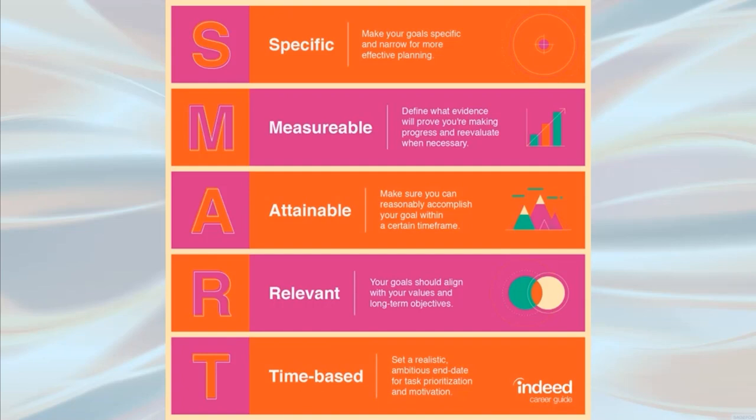Relevant means that each of the objectives should be aligned with your values and larger long-term goals, and also relevant to the needs of the society. And time-based means that the objective should be realistic and achievable in your time frame. So for writing good quality educational objectives, we have to respect the SMART criteria.